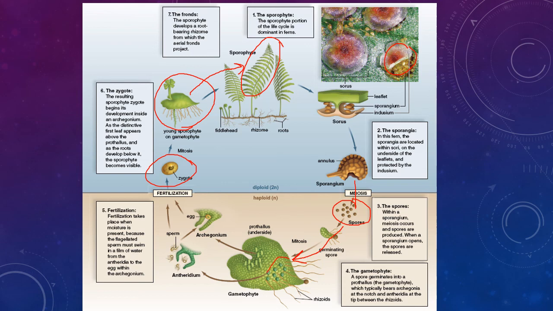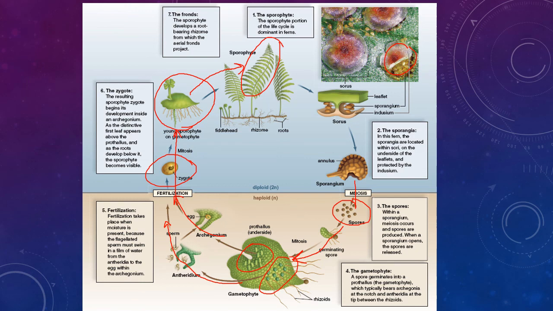So we have this section here that's the antheridia. Antheridia produce sperm. And then the archegonia section produces eggs. Okay? And so then fertilization occurs, and our sporophyte generation is going to emerge.